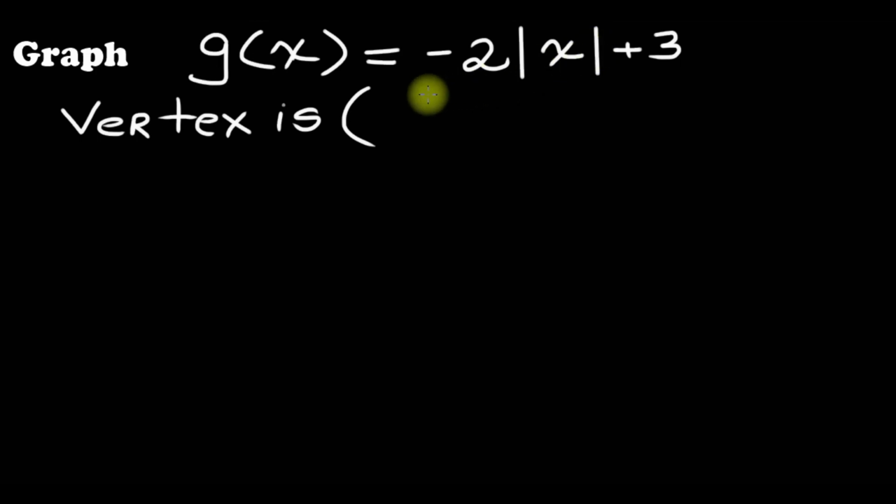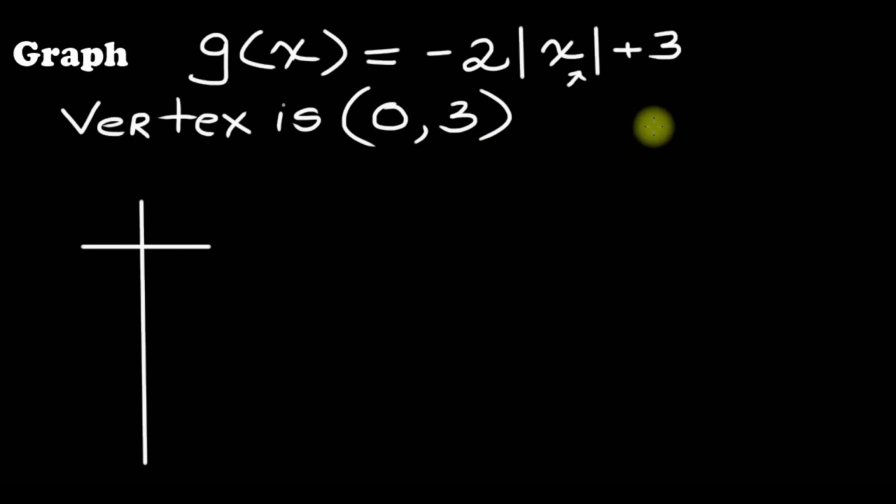Your h is 0 because it's minus 0 here, if you compare this to the standard form, x minus h inside. So it's 0, and the y-coordinate of the vertex is k, so that would be 3. So that is your vertex. That's the first thing you need to do.